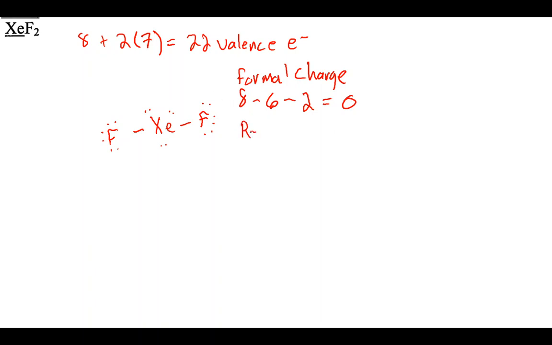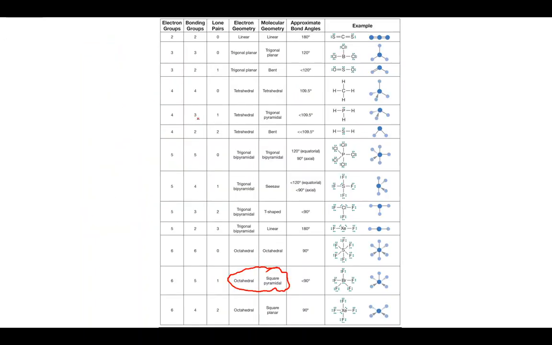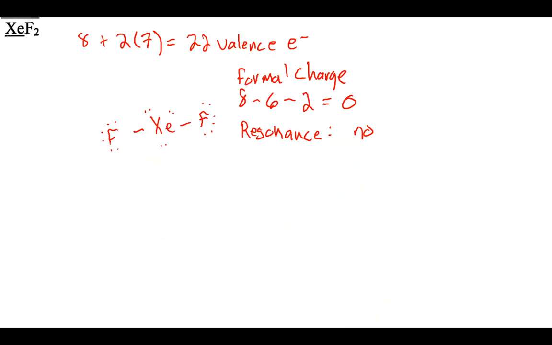There are no double bonds that we can mess with, so there is no resonance. And then molecular and electron geometry. Looking at this guy, we have 5 groups around xenon, 3 of which are lone pairs and 2 of which are bonds. If you look at your table, 5 groups with 2 bonding groups and 3 lone pairs is this guy here. So our electron geometry is trigonal bipyramidal.